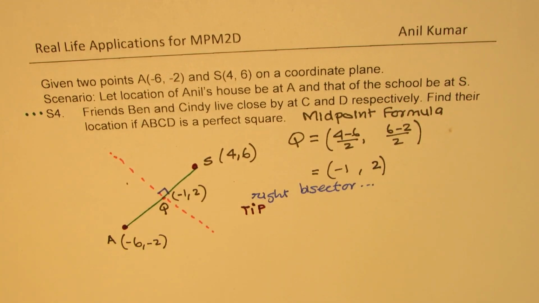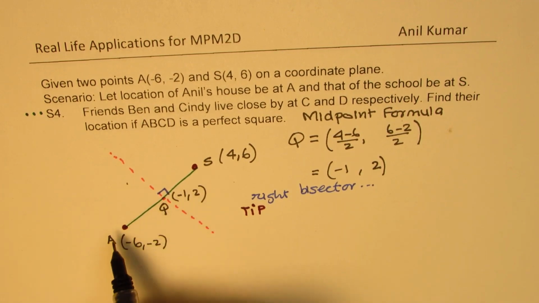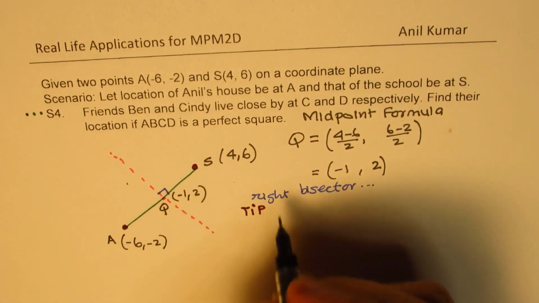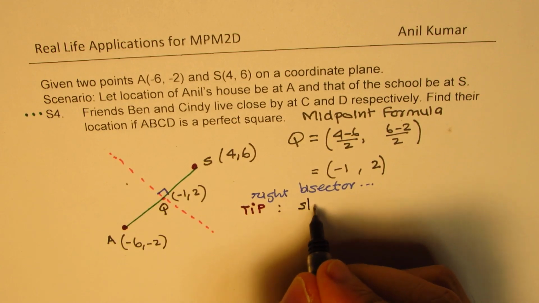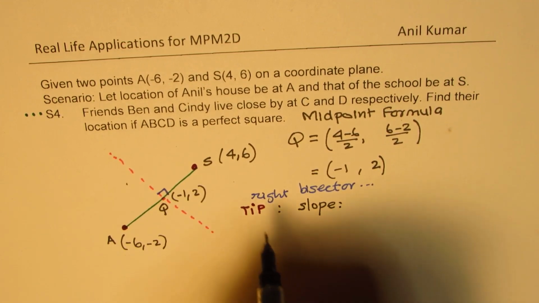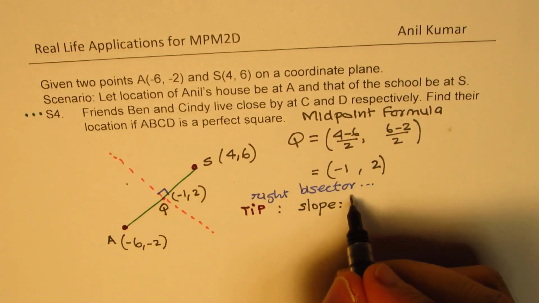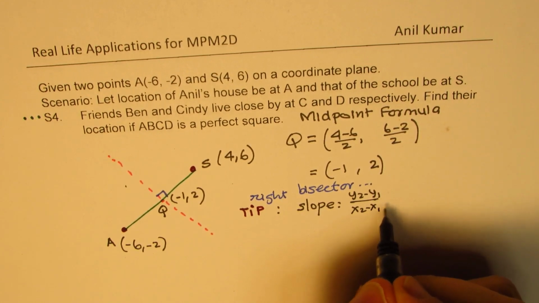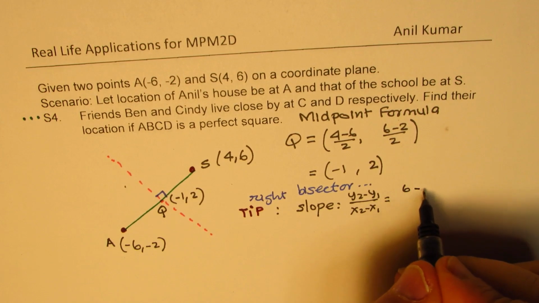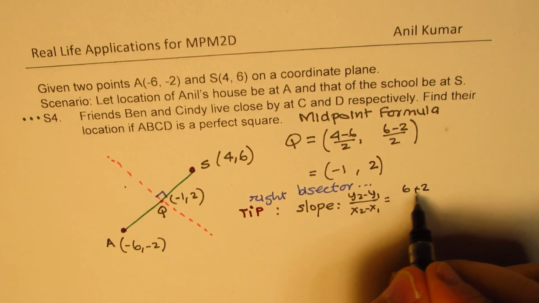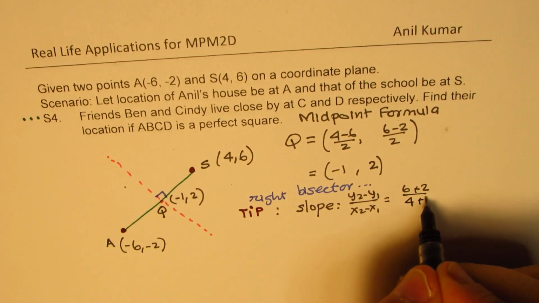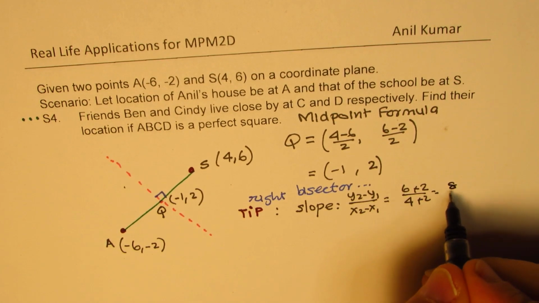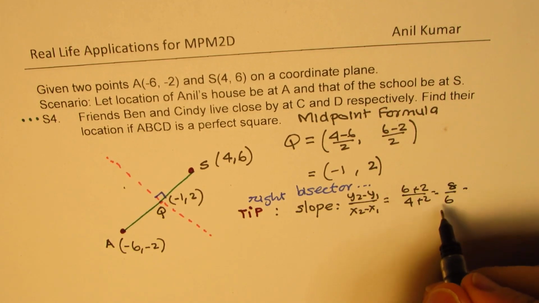This is very interesting. So what you notice here is the slope from A to S. So let's talk about slope. Slope is y2 minus y1 over x2 minus x1, and that is 6 minus 2 becomes plus 2, 4 plus 2, which is 8 over 6.